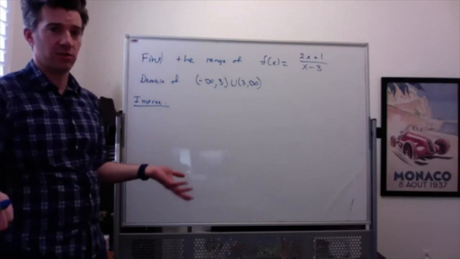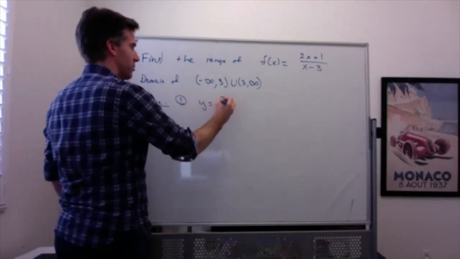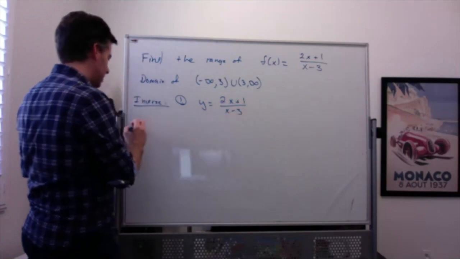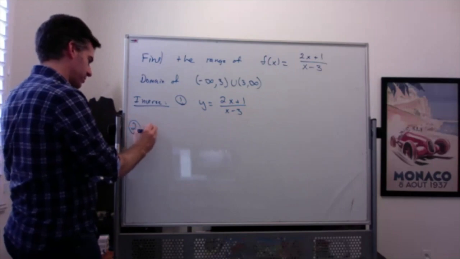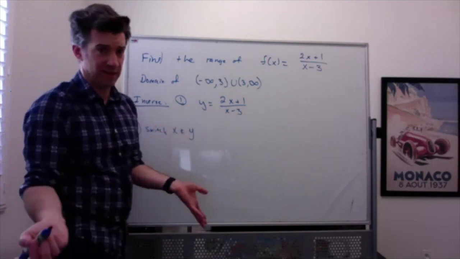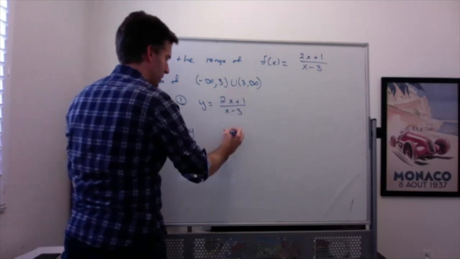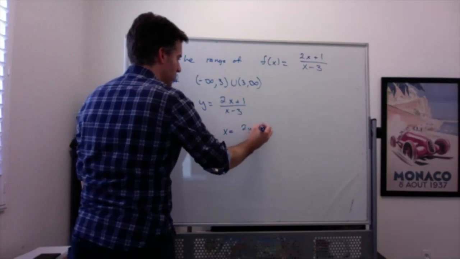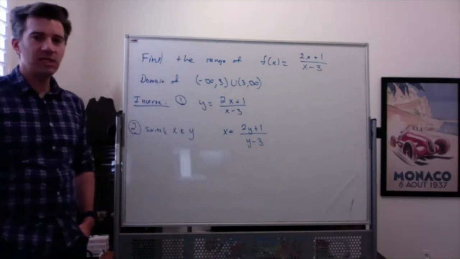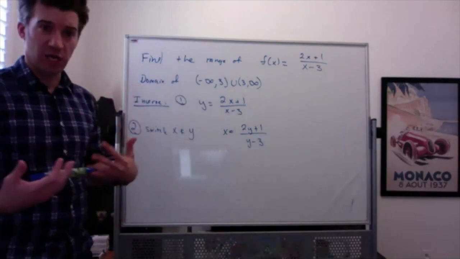I usually like to first write down my function as y = (2x + 1)/(x - 3). Then we switch x and y. Although this isn't hard to do, it's literally just write x where you see y and y where you see x, I do want to point out that at this point, this is where things have really changed.